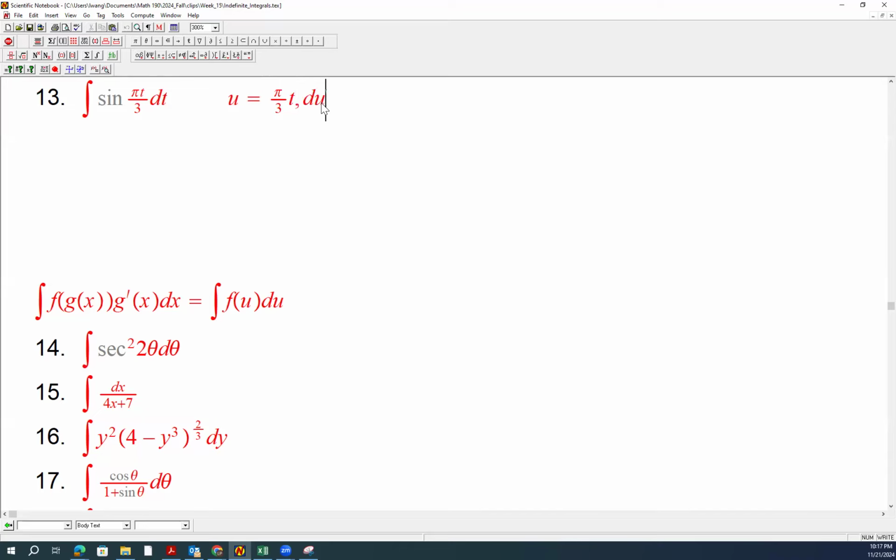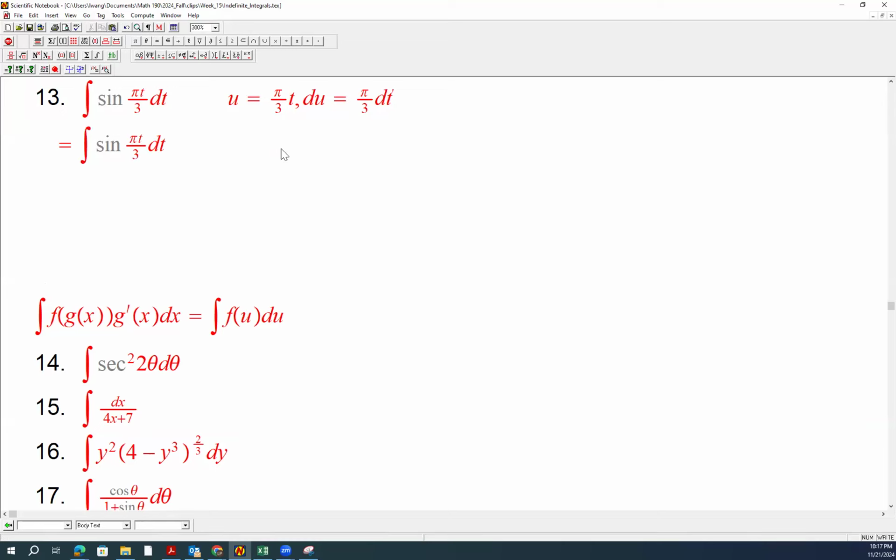Okay, so du would be equal to pi over 3 dt. Okay, so now what do we got? If you want to solve for dt, sometimes you can show your work this way, right?